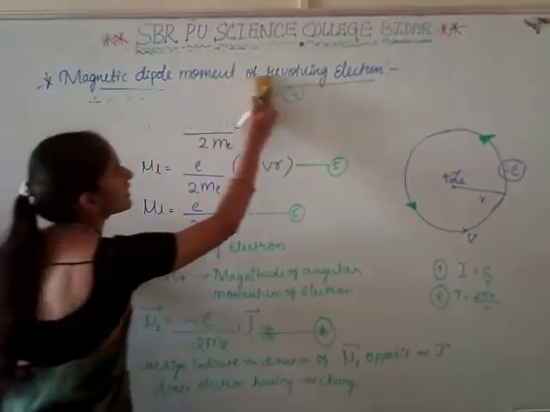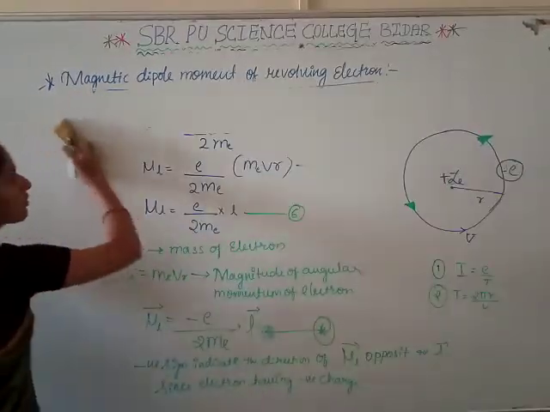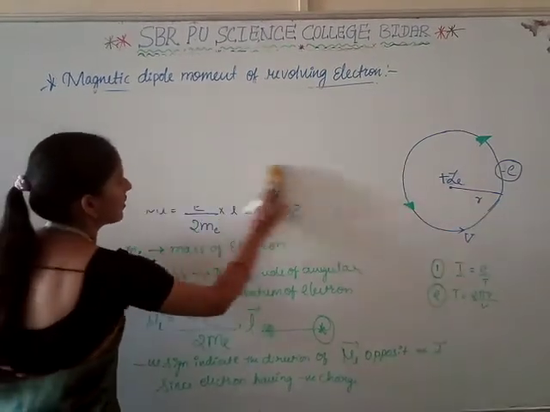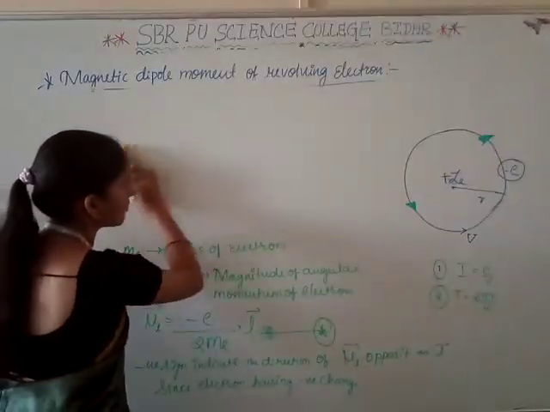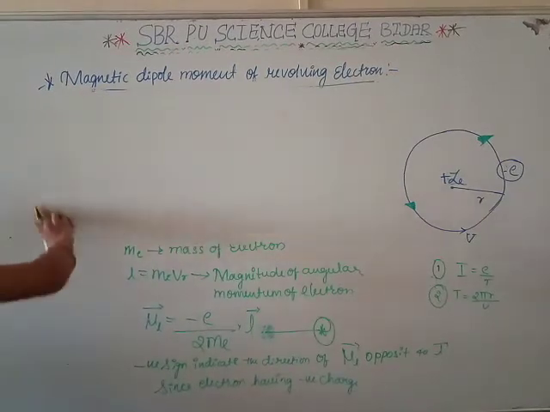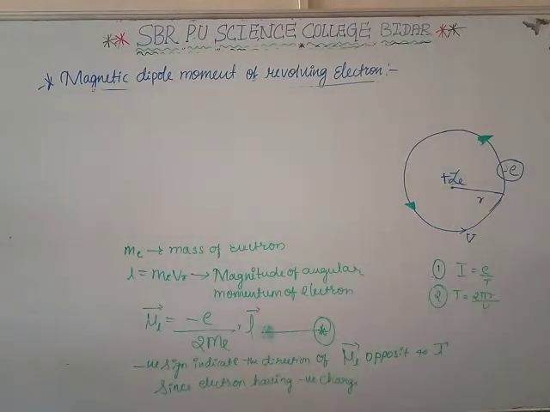Take down. Firstly, we consider the Bohr atomic model. From the Bohr atomic model, the electron revolves around the nucleus of positive charge.